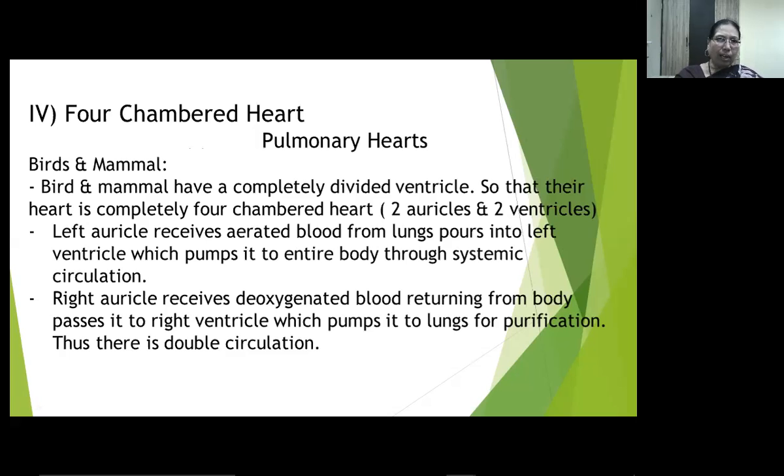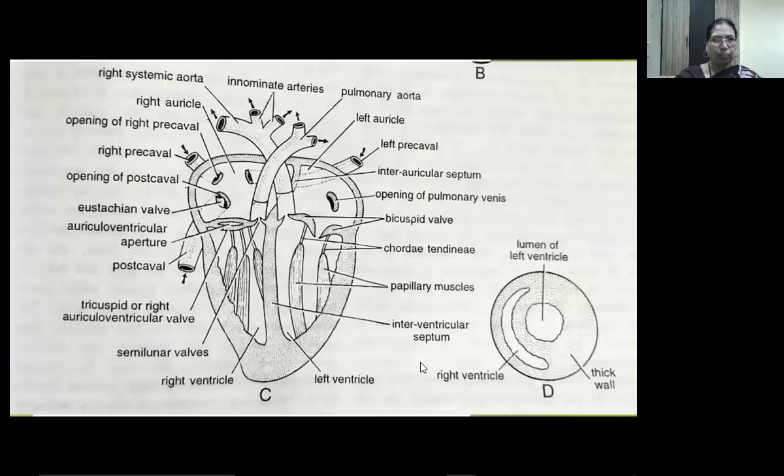The left auricle receives aerated blood from the lungs and pours it into the left ventricle, which pumps it to the entire body through systemic circulation. The right auricle receives deoxygenated blood returning from the body and passes it to the right ventricle, which pumps it to the lungs for purification. Thus, there is a double circulation.